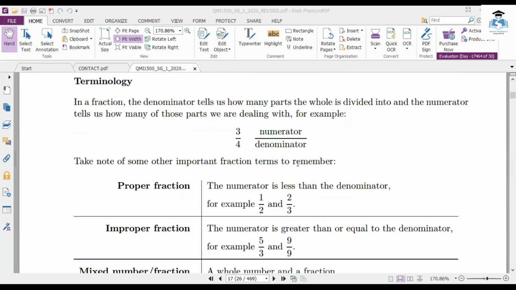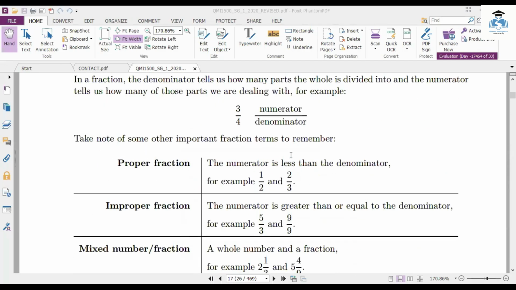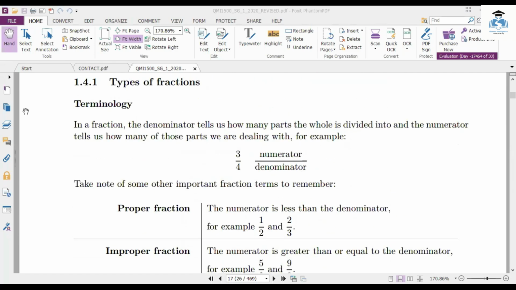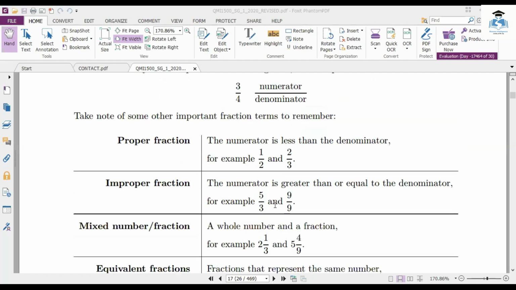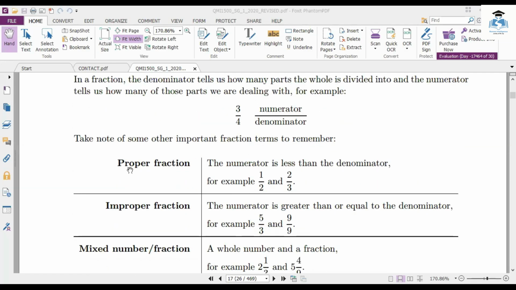Then fractions. Some people are also confused with fractions. Take note that the above is the numerator and the below is the denominator. Then we have got proper fractions. Proper fractions, the numerator is less than the denominator.